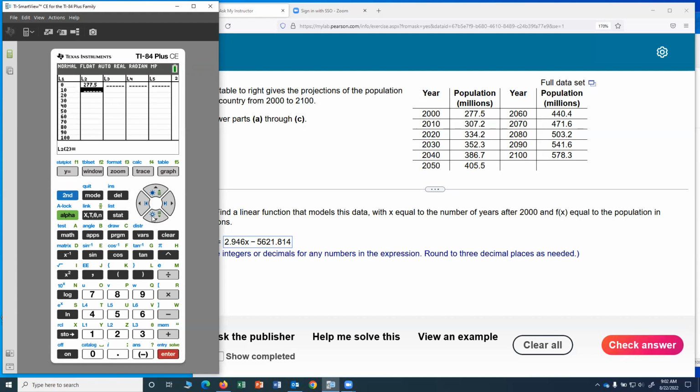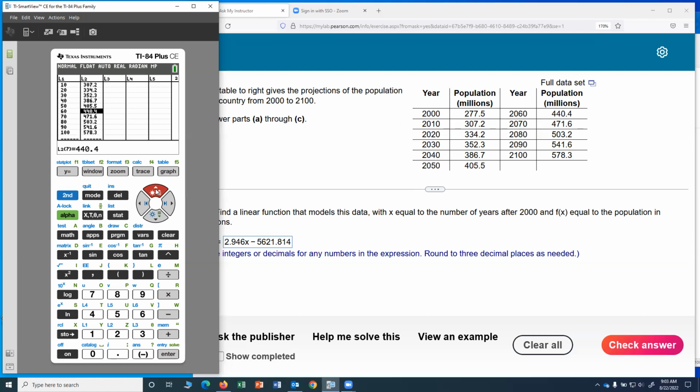So 277.5, 307.2, 334.2, 352.3, 386.7, 405.5, 440.4, 471.6, 503.2, 541.6, and 578.3.